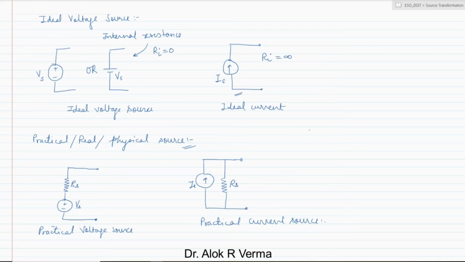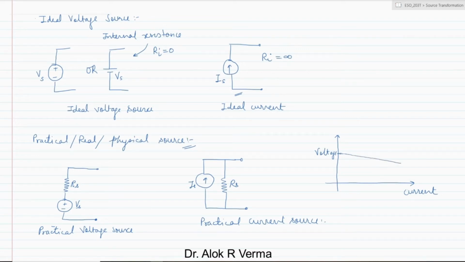varying. Suppose here we draw the axes. For a practical voltage source, the voltage will be constant. So if it is a voltage and here it is current, it does not depend upon the current. But if you see here, the more the current, the more the IR drop, so the net voltage will reduce. This is the practical voltage source.